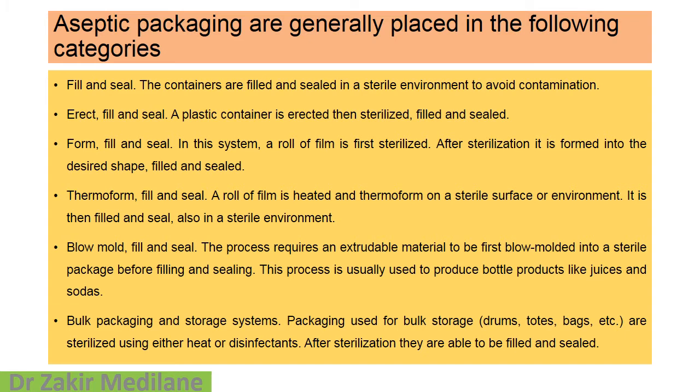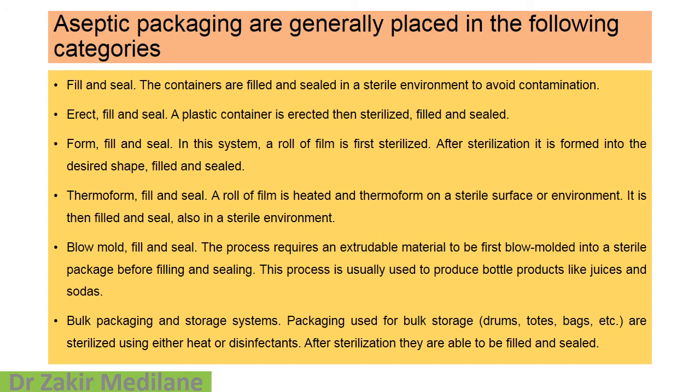Erect, fill and seal. A plastic container is erected, then sterilized, filled and sealed. In this system, a roll of film is first sterilized. So before it is coated, before it is sealed, it has to be sterilized first. After sterilization, it is formed into a desired shape.